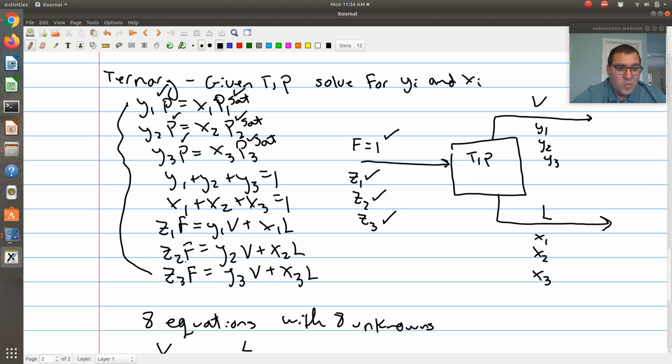It's just we realized we were stuck, and so I just drew a simple flash drum. Because when I think about a TXY or PXY, and you're trying to figure out what happens at the isotherm or isobar, I just picture a flash drum. And that's how I was able to walk through what are the relevant mole balances that I can write. But that's it. It's just a little more involved when we have more than 2 components.